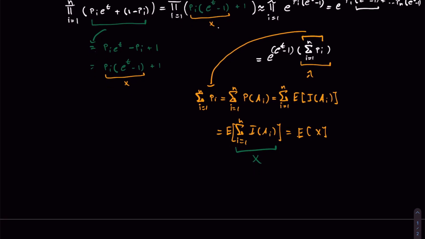Now by the Poisson approximation, this random variable X inside here is approximately distributed Poisson lambda.